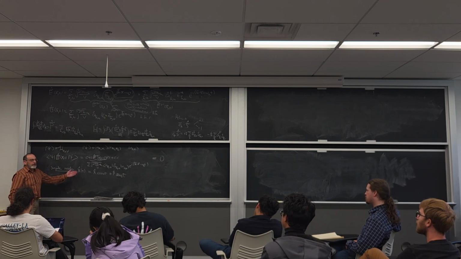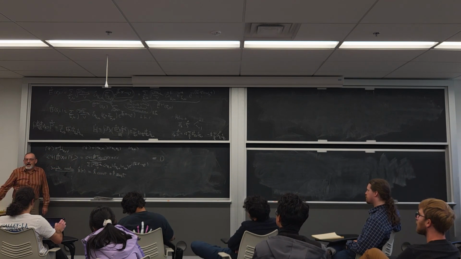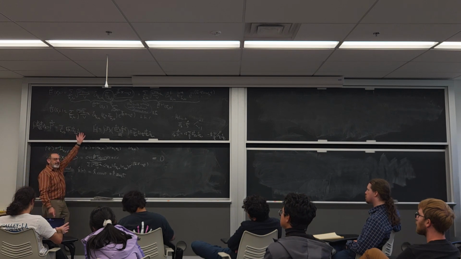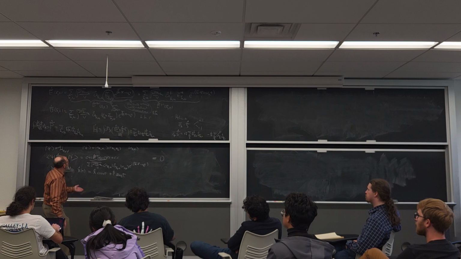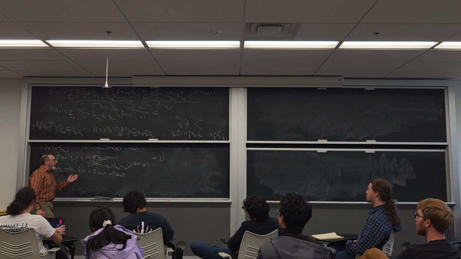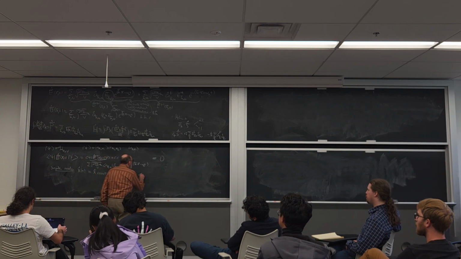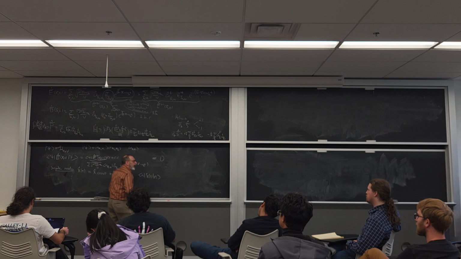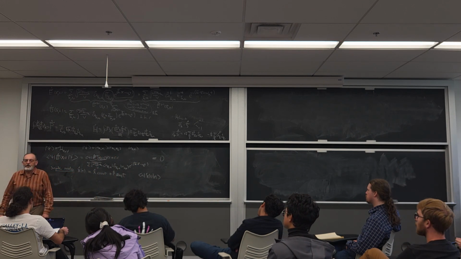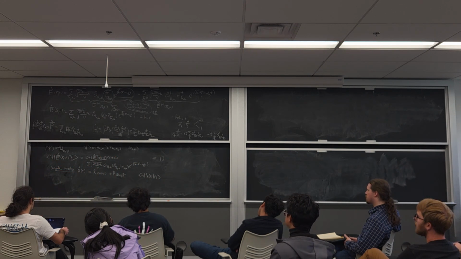Think of x as like the electric field, and its conjugate as the magnetic field. If I had a Fock state, an energy eigenstate with n quanta in the mode, what is the mean value of x as a function of time? 0.